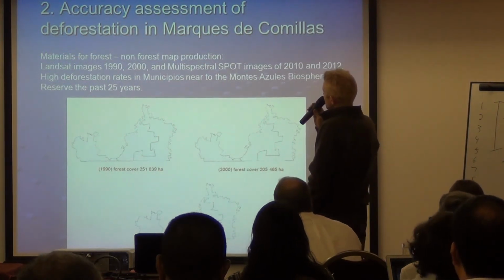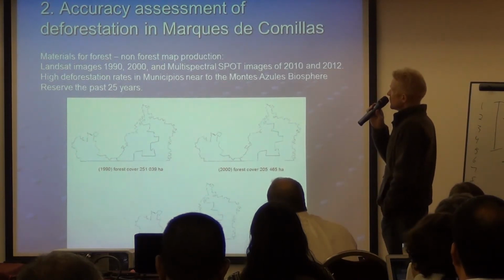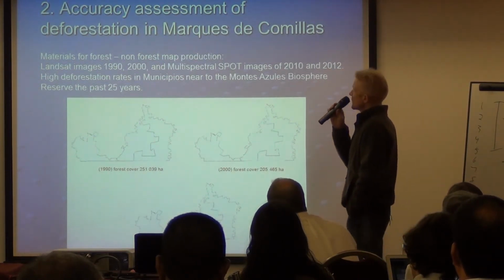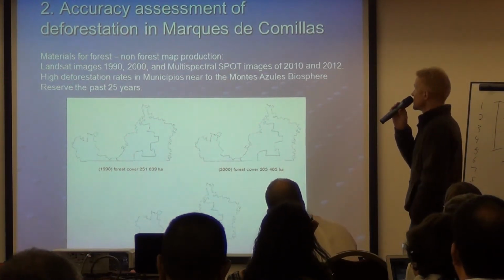Anyway, the materials for forest, non-forest map production were Landsat images from 1990, 2000, and more recently multispectral SPOT images.